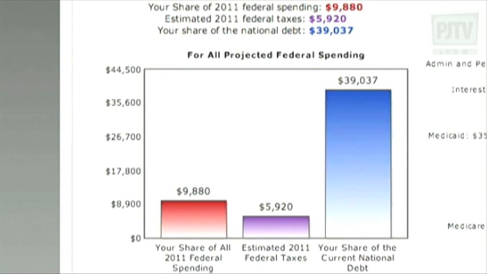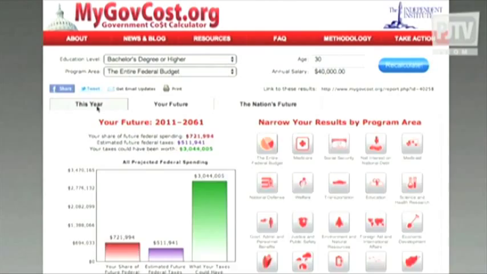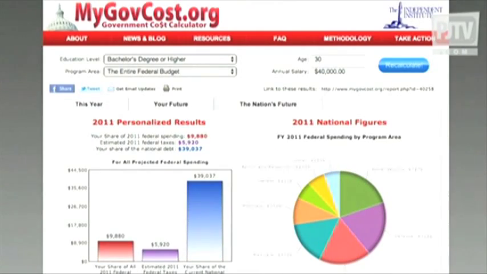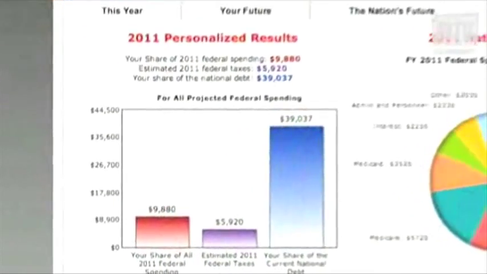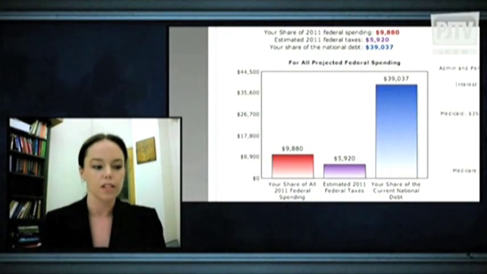And so if our spending projections continue to go up, we would expect that liability also to continue to increase. And then finally, the third bar on the right, that's the value of what your dollars could otherwise earn you in a savings account or just a very conservative rate of return in the stock market.